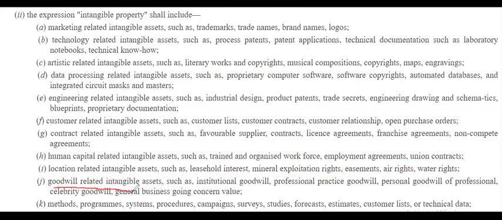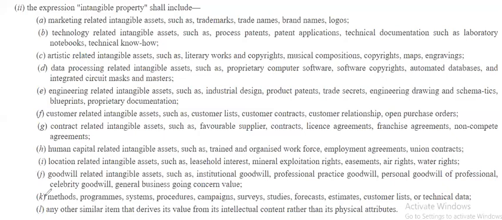Goodwill related intangible asset: institutional goodwill, professional practice goodwill, personal goodwill of professional, celebrity goodwill, general business going concern value. Methods, programs, systems, procedures, campaigns, surveys, studies, forecast, estimates, customer list, technical data.